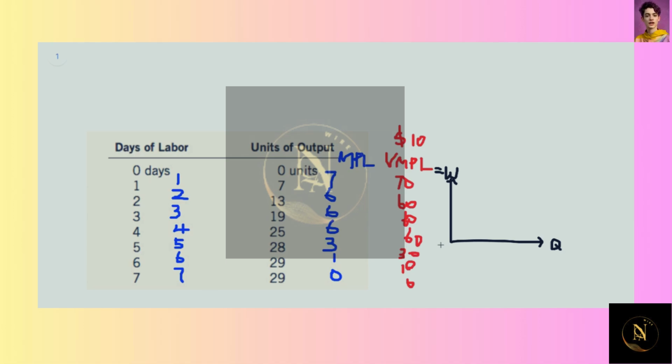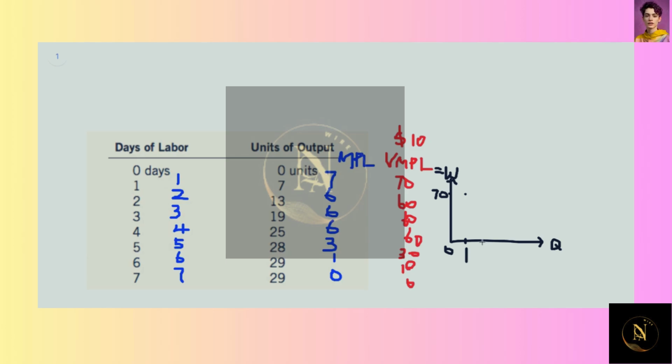Okay, so for zero labor, it's nothing, right? Okay, so for the first labor, we know that his value is $70, so we pay him 70. So here is 70.